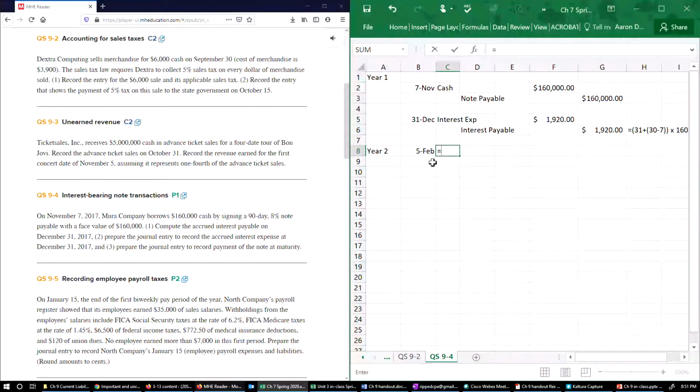So the note payable comes off the books. The interest payable will be paid at that date as well. We'll have more interest expense from January 1st to February 5th, and the plug is cash.